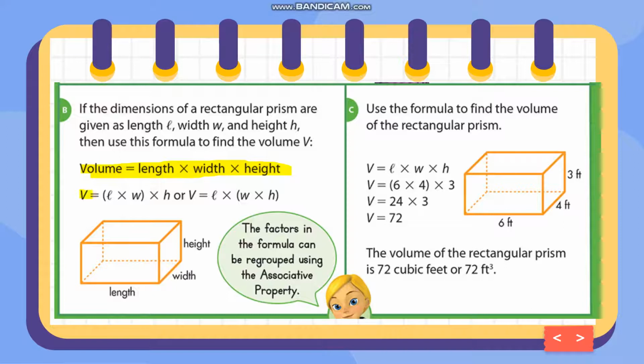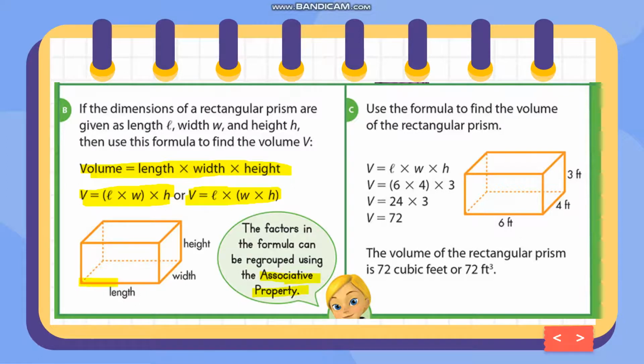So you can regroup length multiplied by width first, then multiply by height, or multiply width by height first before you multiply it by length. Grouping the factors does not affect the product. That is what we call the associative property.